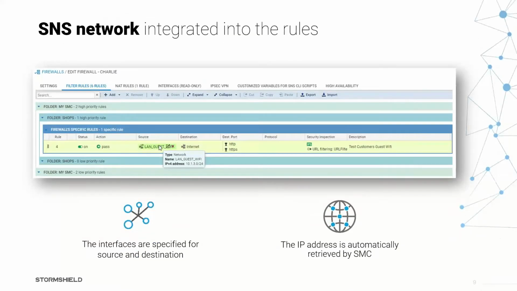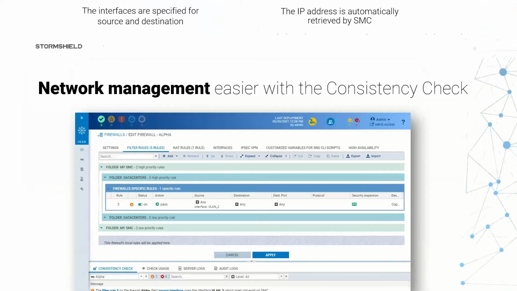But we go quite deeper with the integration of network management for SNS, because we integrate also the network into the different features. For this example here, you can see that the interfaces are specified for source and destination of a rule, and the IP addresses are automatically retrieved by SMC.